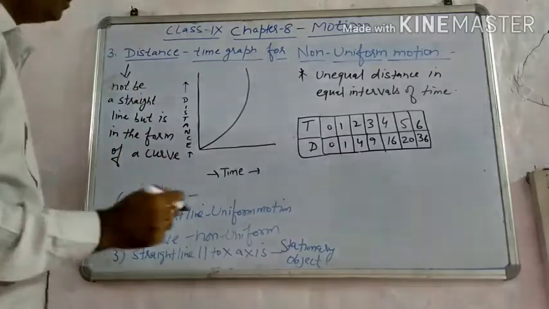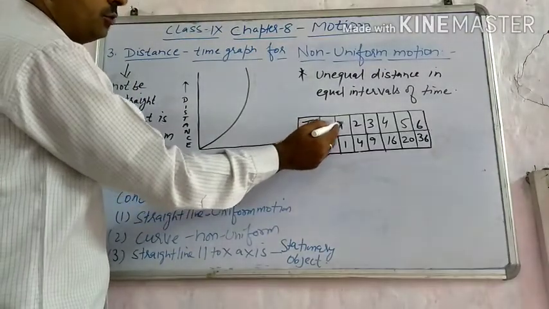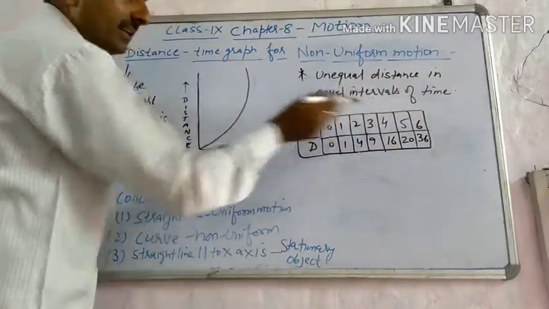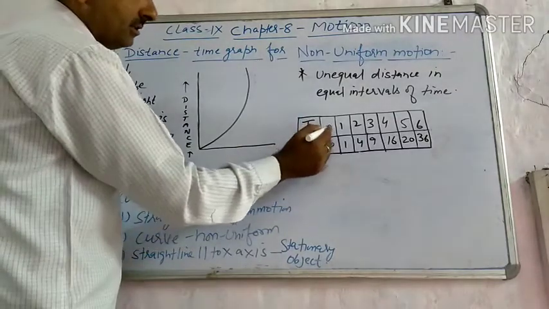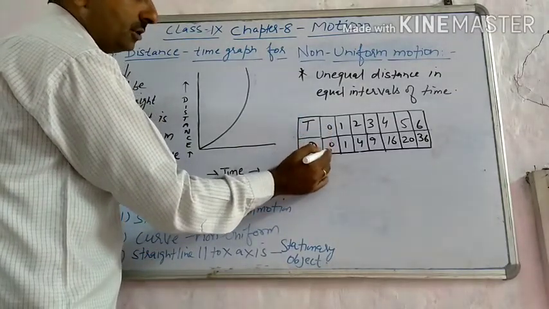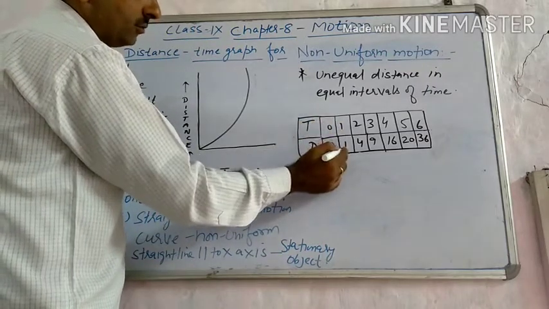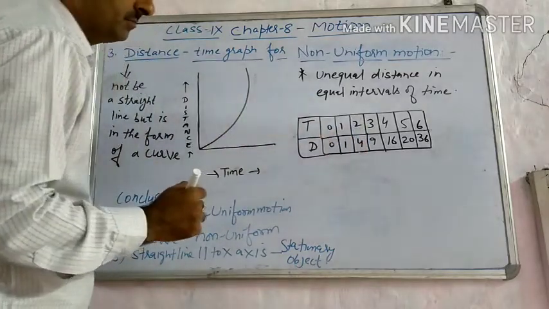Okay, so let's take this as the time interval 0, 1, 2, 3, 4, 5, 6. These are the seconds, time in seconds, and this is the distance. At 0, distance is 0. At time 1 second, distance is 1. At time 2 seconds, distance is 4.